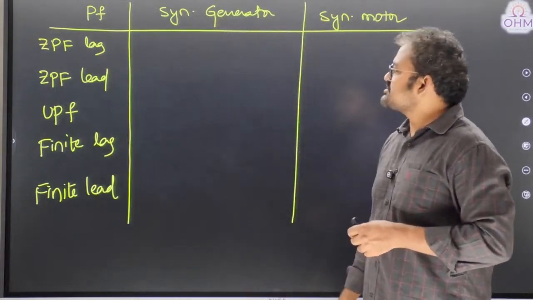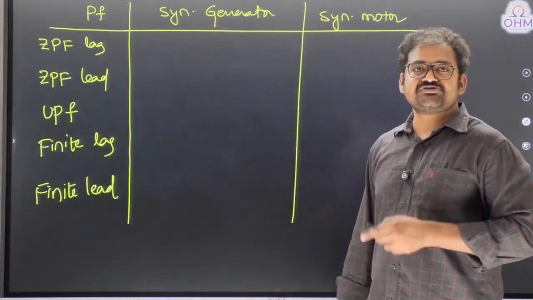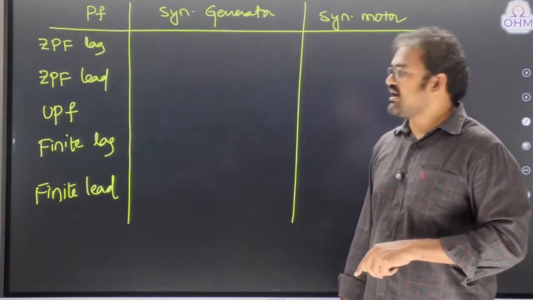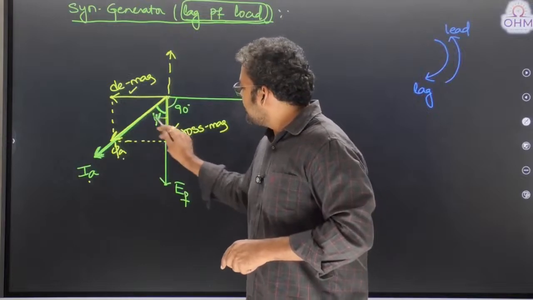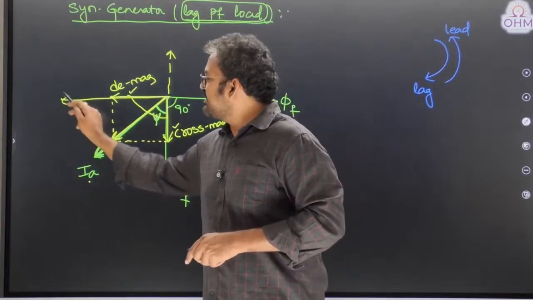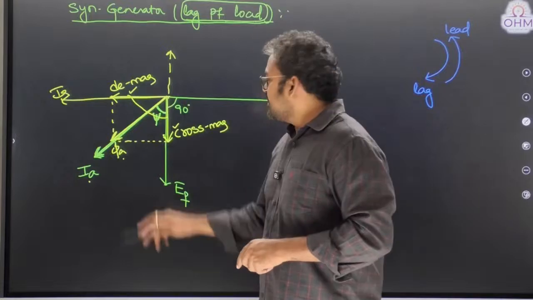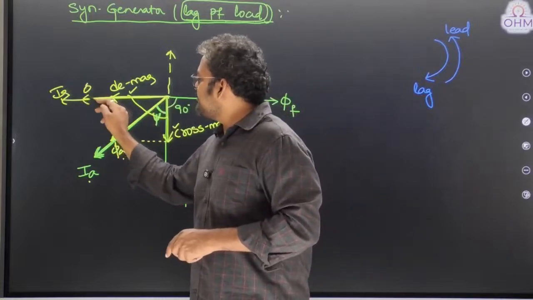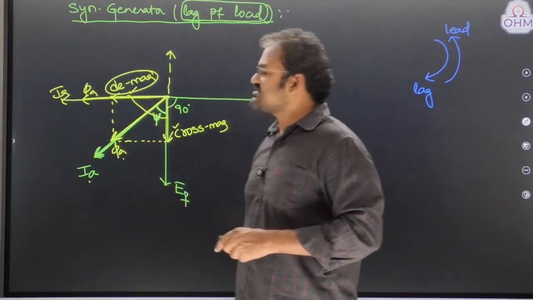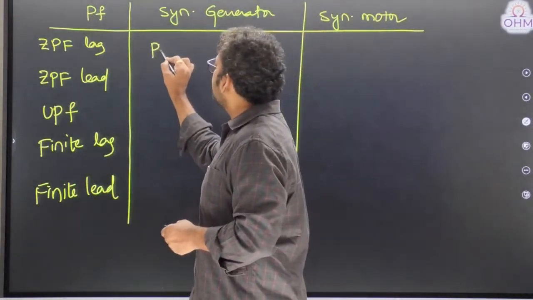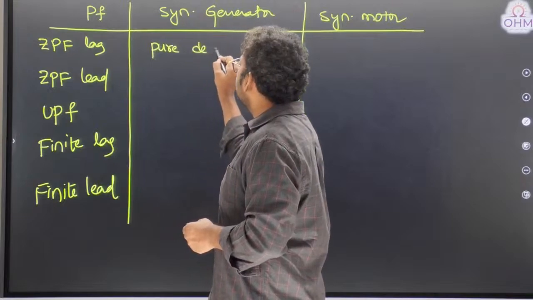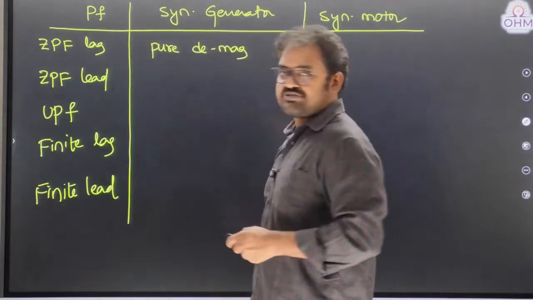What is the first observation? When the power factor is zero power factor lagging, that means current lags the voltage by 90 degrees. Suppose armature current lags the voltage by 90 degrees, you will get armature current here. Then armature flux is also in the same phase. That means armature flux is completely demagnetizing. So in a generator, the armature reaction will become pure demagnetization.